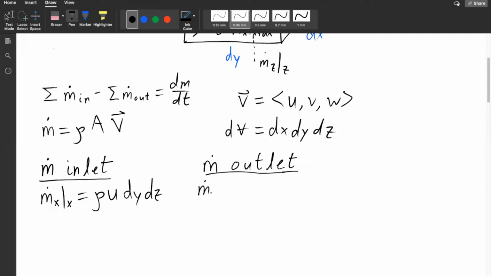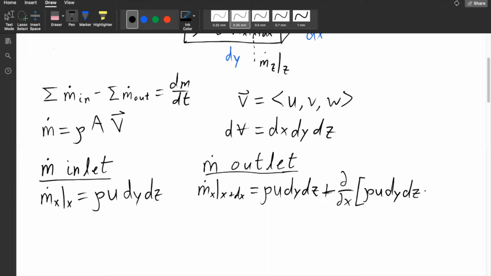The mass flow rate in the x direction at x plus dx will equal the mass flow rate at x plus the partial derivative with respect to x of rho u dy dz, times dx. Similarly, in the y and z direction, we have the following.